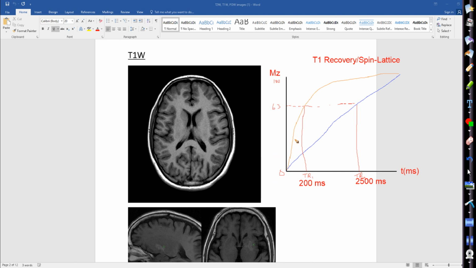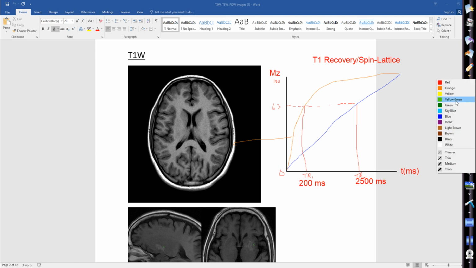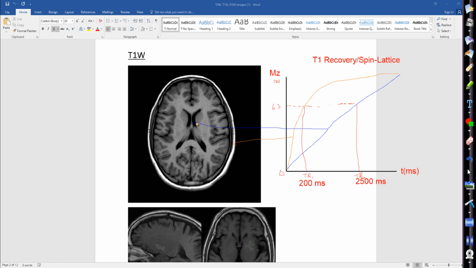So with that being said, we can see that fat, which is just our subcutaneous tissue right here, is very bright on a T1 weighted image, where water, which is in our ventricles, is very dark. Okay?